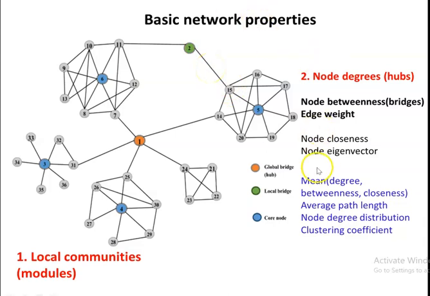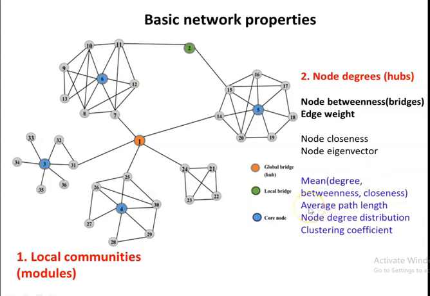Okay, so not only the nodes or the edges can have properties, the entire network as a whole can also have properties. For example, we can estimate the mean degree for all nodes in a network, and that's going to be a value that we can use to compare this network to a completely different network.